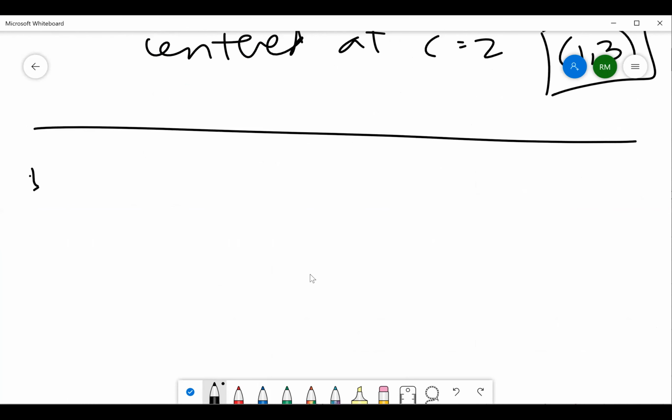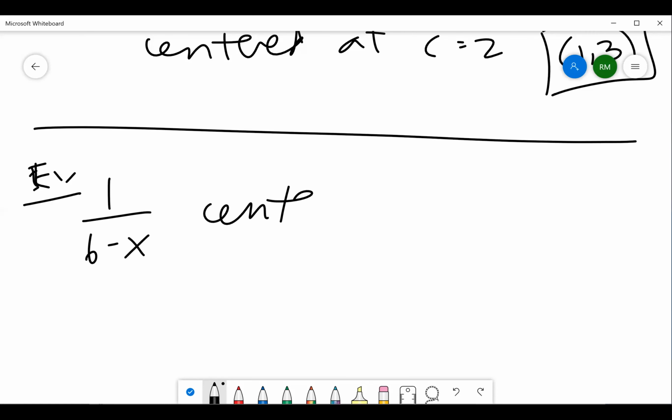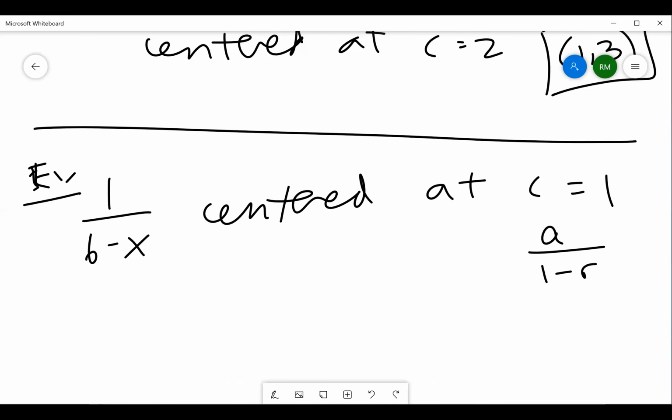I want to find the power series for the function 1 over 6 minus x centered at c equals 1. So remember, I'm trying to reduce it to the form a over 1 minus r.